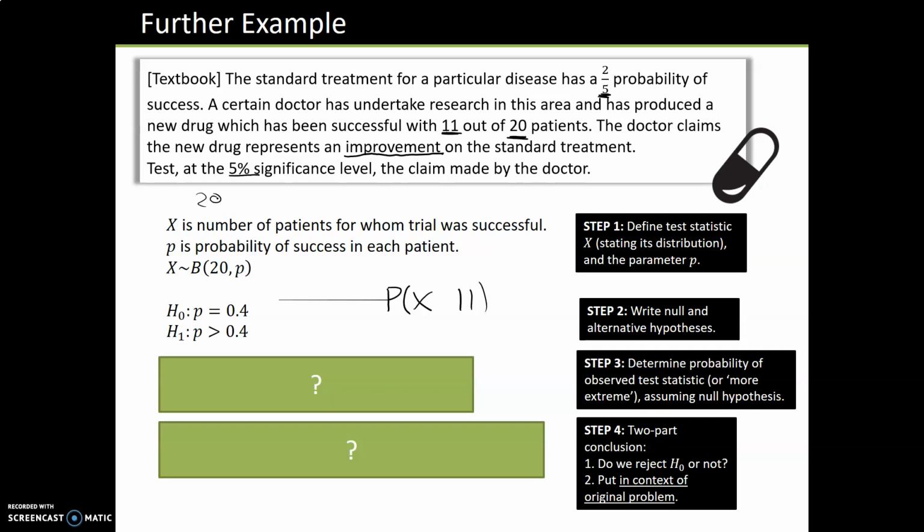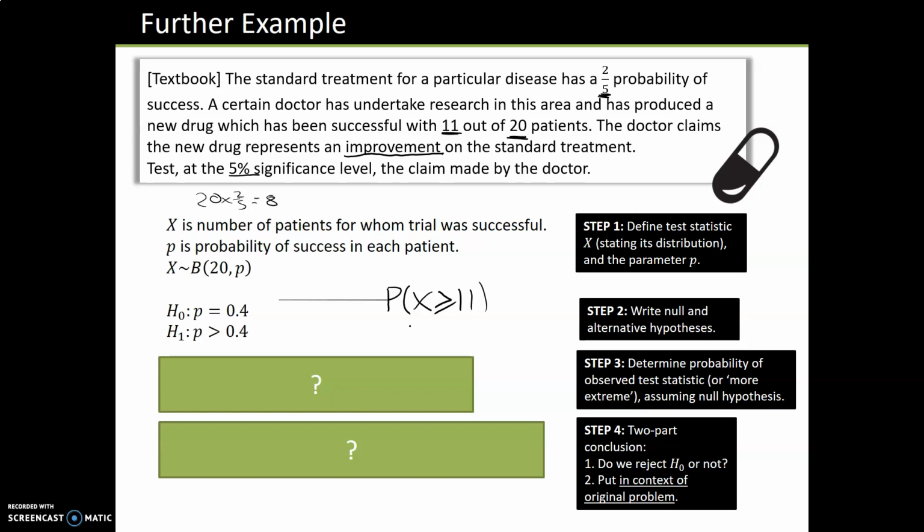If you have 20 patients and you expect 2/5 of them to get well under the null hypothesis, 2/5 of 20 is 8. This 11 is above 8, so what would represent more extreme evidence? Even more patients getting better, so I want the probability of x being bigger than or equal to 11.